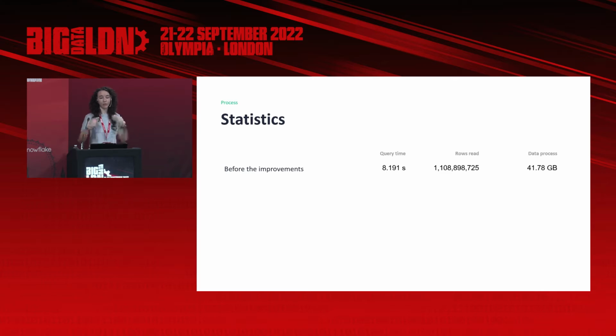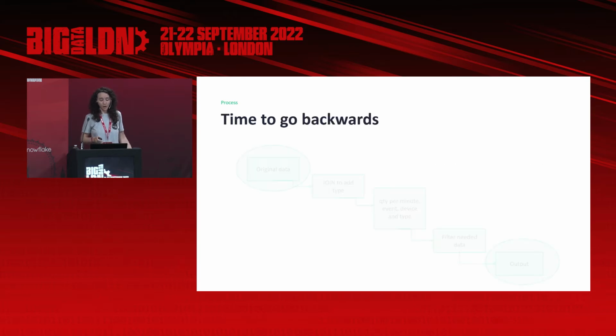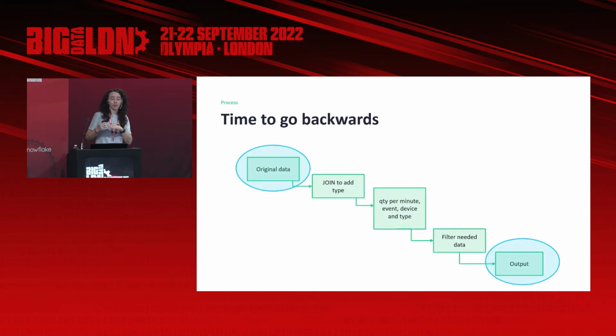So we have to improve this ETL process. When we in customer success face this problem, when our customers report this kind of issues, what we recommend is to go backwards.